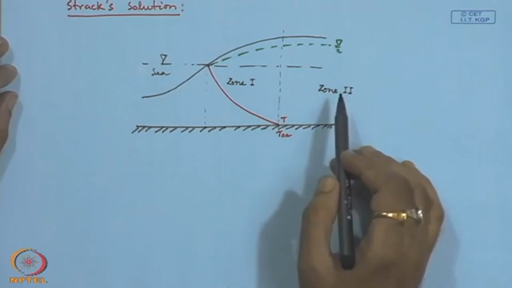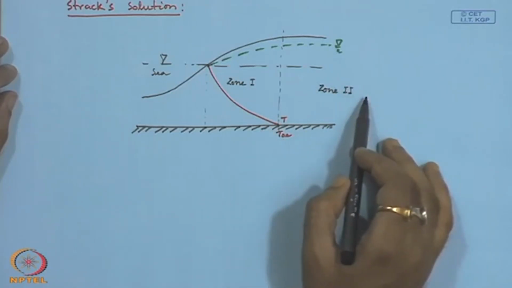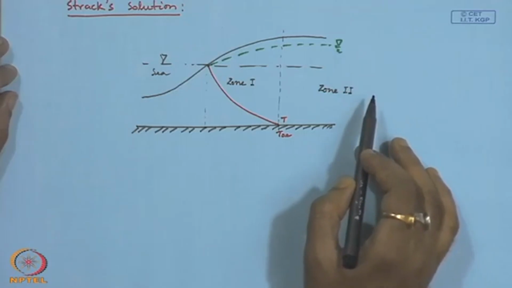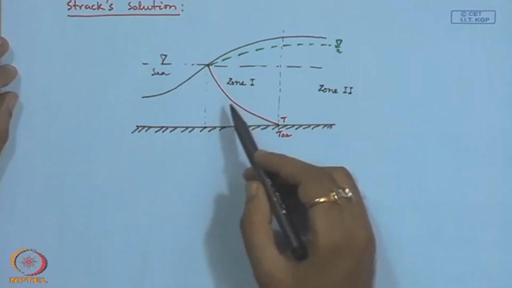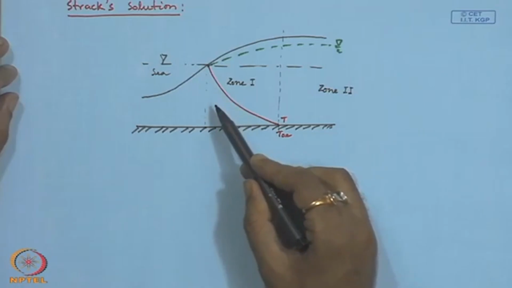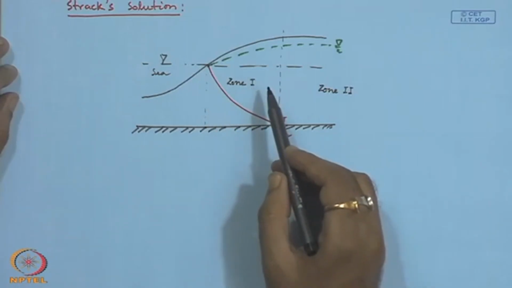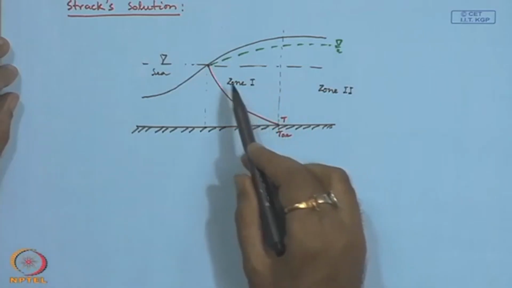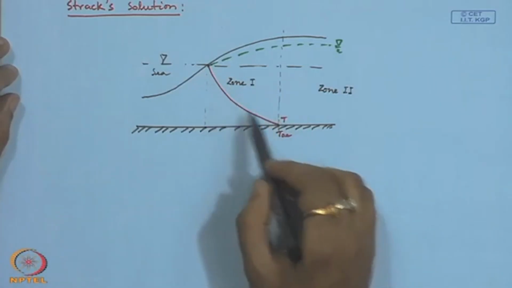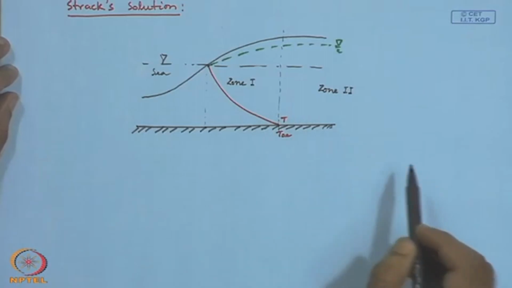Zone 2 consists of only a fresh water aquifer, and in zone 1 we have both salt water and fresh water existing with a sharp interface.